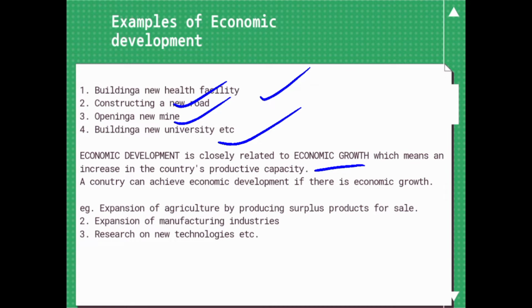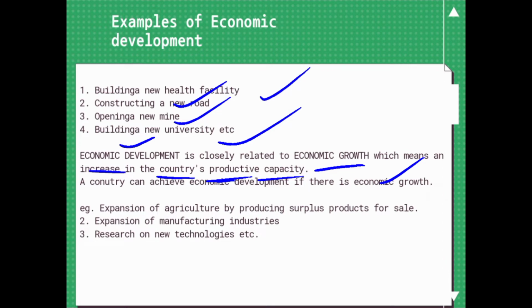This is simply an increase in the country's productive capacity. So, for the country to achieve economic development, it needs to achieve economic growth. It needs to increase its productive capacity so as to achieve economic development.